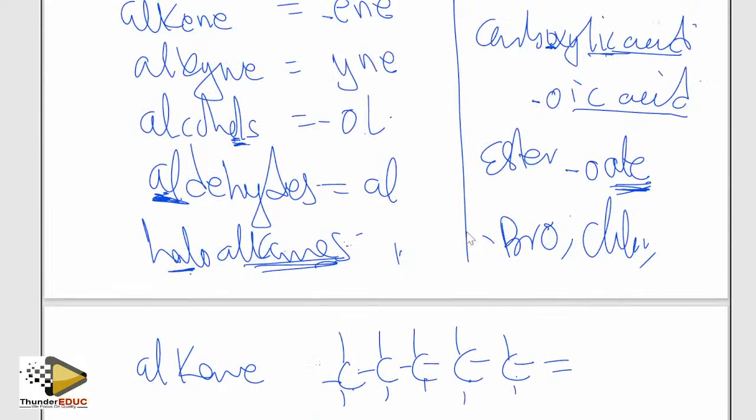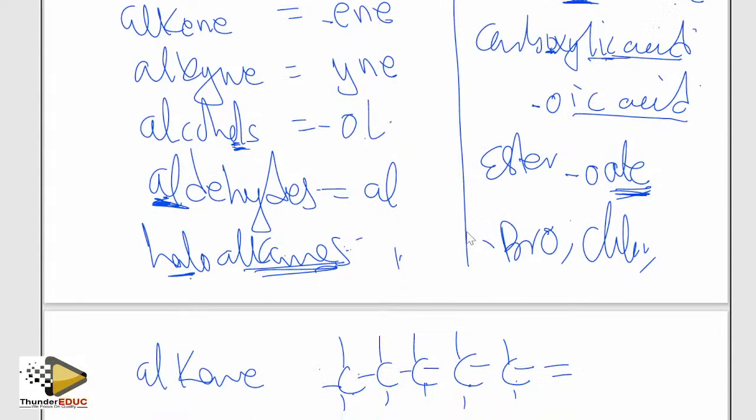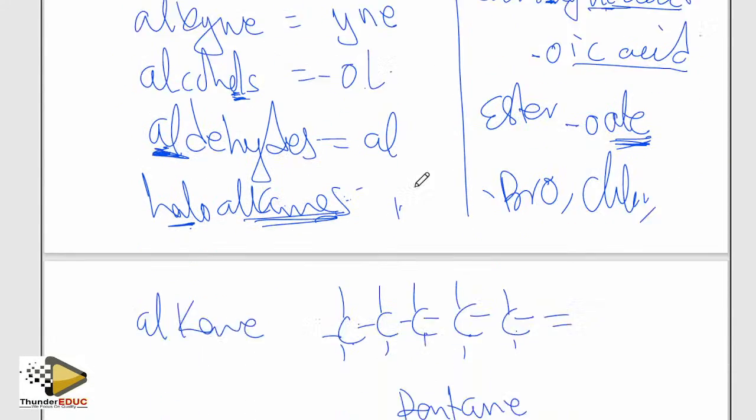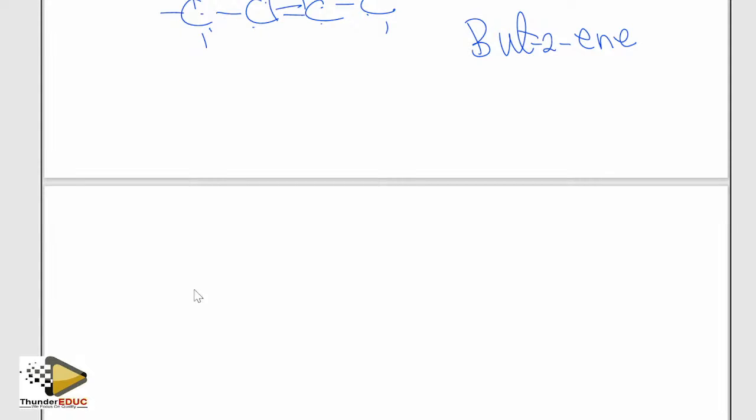Then we go to the next one, maybe alkyne. I have maybe 1, 2, 3, 4, 5, 6, and now I have a triple bond there. You understand? The others are single bond throughout. Don't forget to put those single bonds.